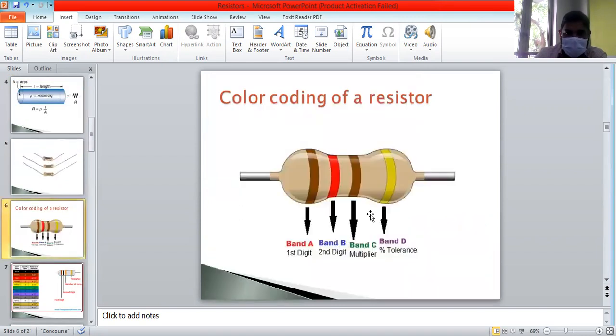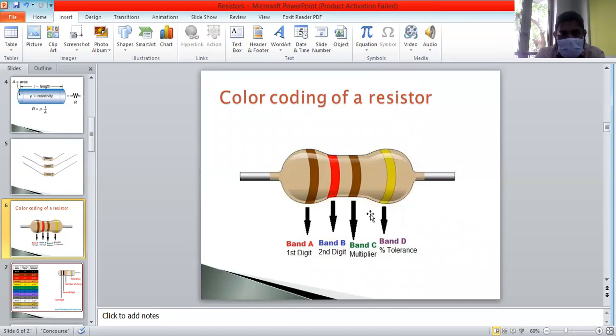For example, we're going to discuss a 4-band resistor. By the way, we are available with 5-band resistors also, but in our syllabus, we are going to discuss a 4-band resistor. When you look at a 4-band resistor, 3 colors will be on a side, and the fourth one will be a bit separated.